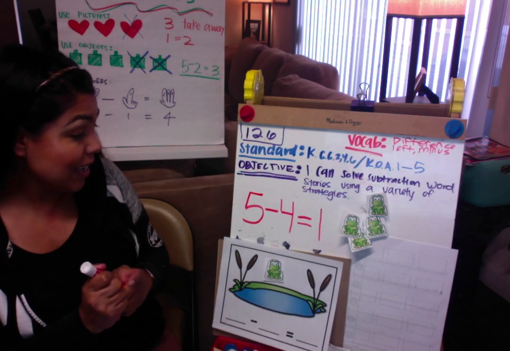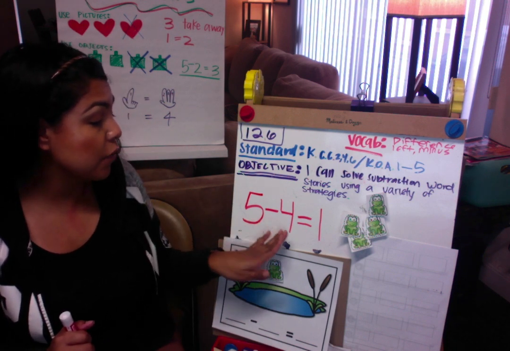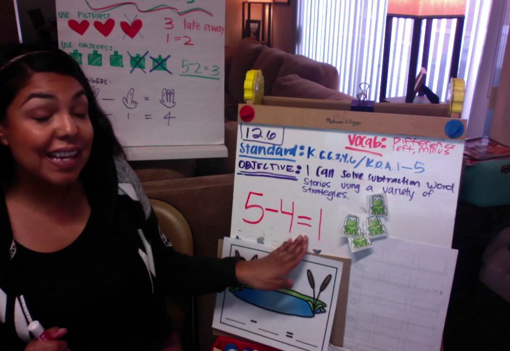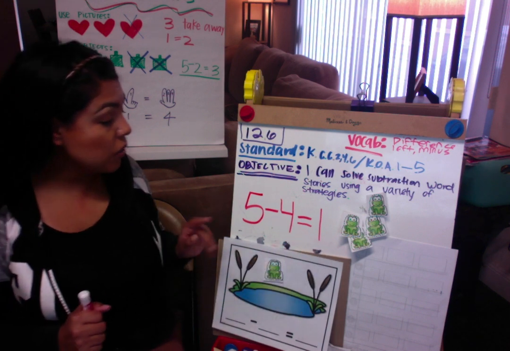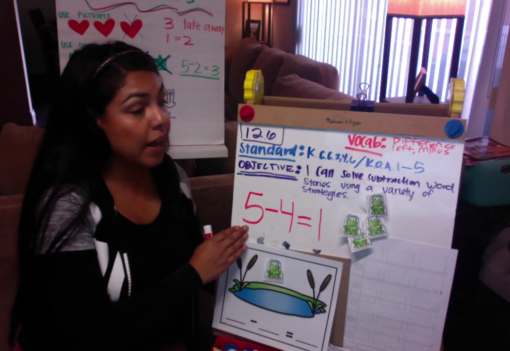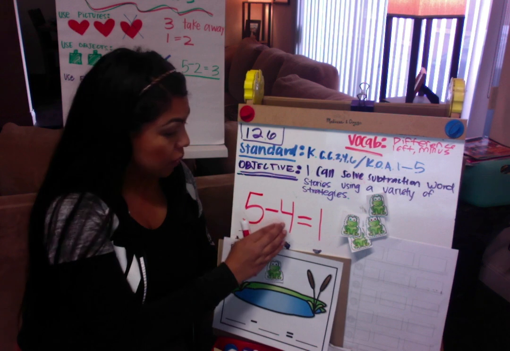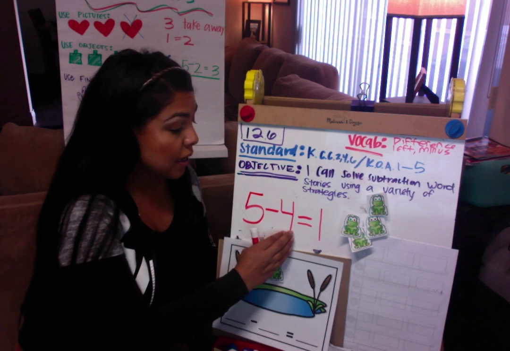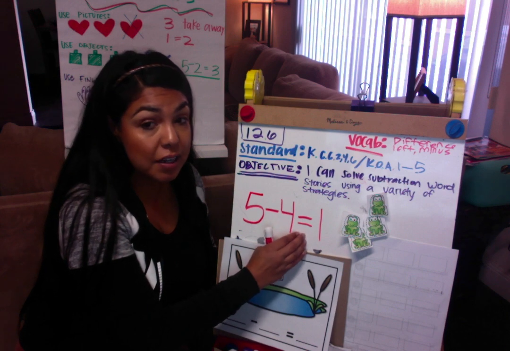So on your paper, you can write 5 minus 4 equals 1. Also, it could be read 5 froggies minus 4 froggies. How many are left?